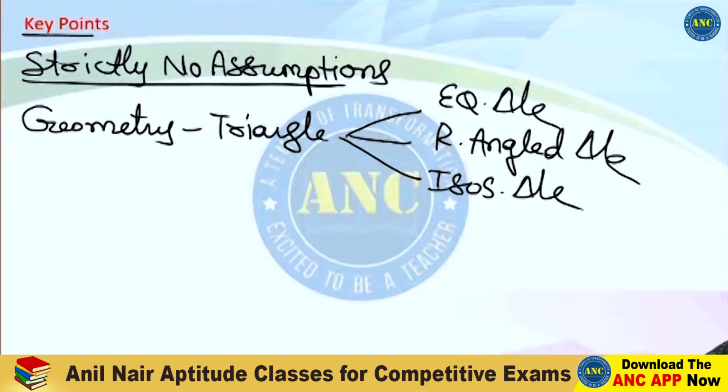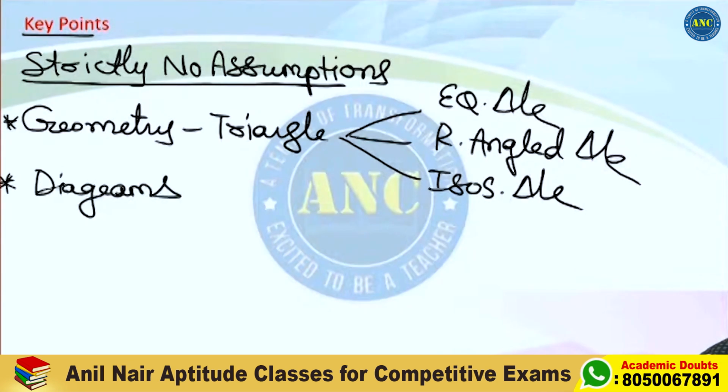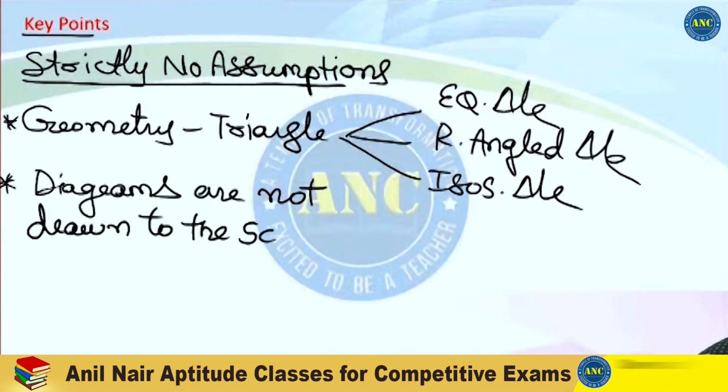Right? This is another key point. And next key point: diagrams are not drawn to scale. Diagrams are never drawn to scale unless and until it is mentioned. Suppose I draw two lines.